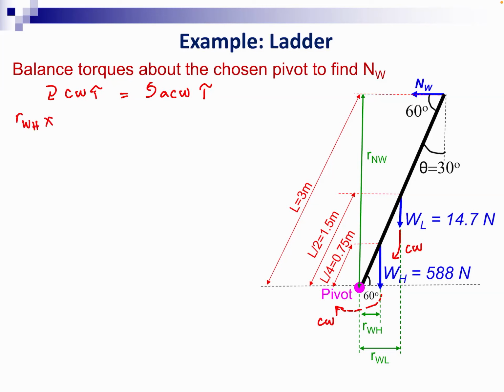So you have there the force of Homer's weight, and torque is equal to moment arm times the force, plus the weight force of the ladder. So these are the two forces contributing to the clockwise torque: weight force of Homer and weight force of the ladder. And of course, torque is equal to moment arm times the weight. So you have the moment arm of the weight of Homer and the moment arm of the weight of the ladder.